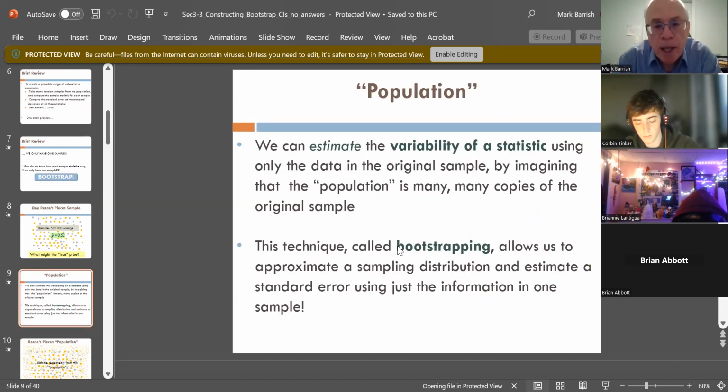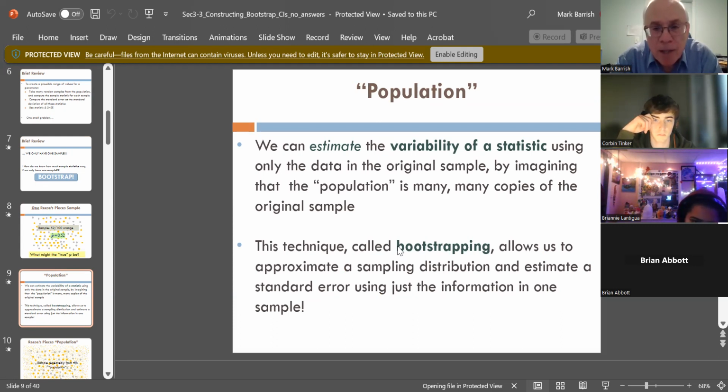According to the people who created StatKey, we can estimate the variability of the statistic using only the data in the original sample. That sounds kind of odd, right? Because the variability of the population is more than the variability in a sample, right? That's what we found out through our playing card example. So this sounds odd, but let's bear with it.